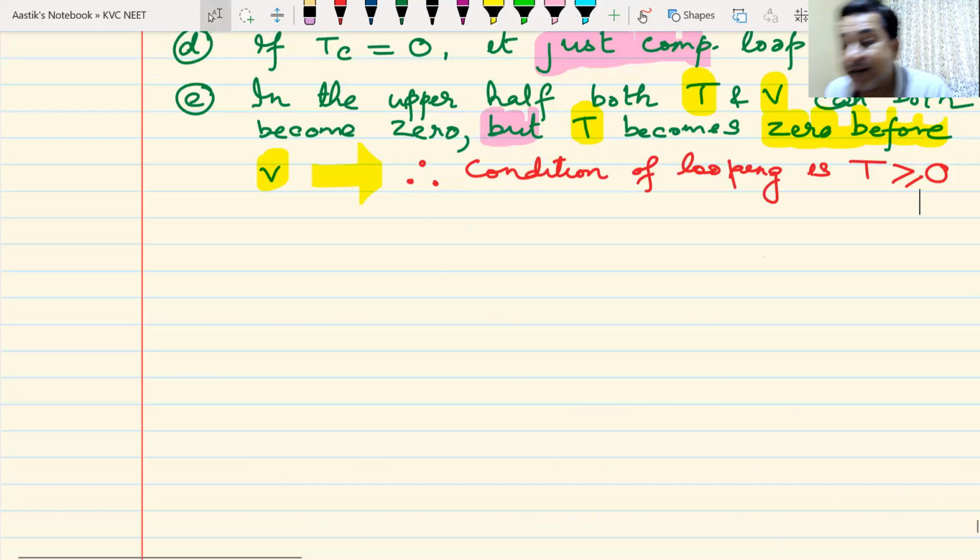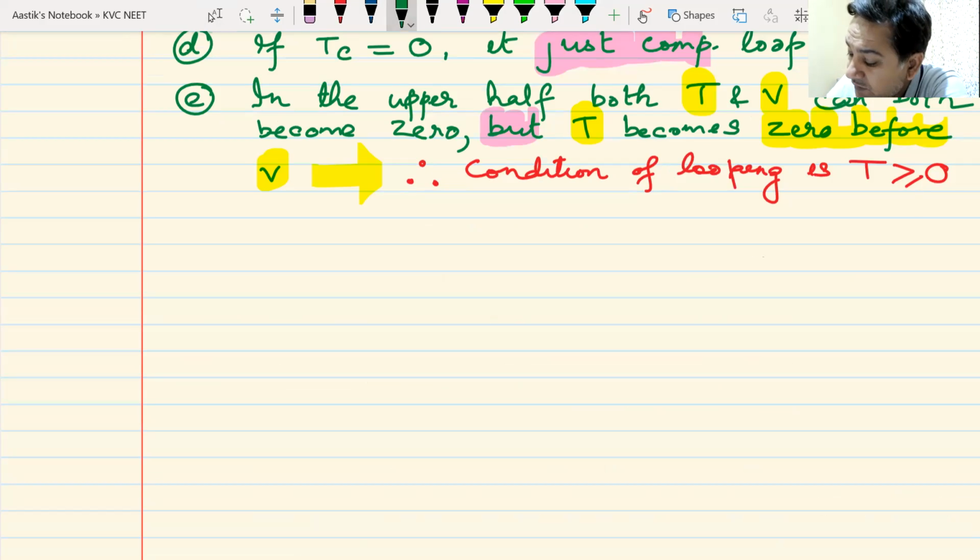So now we will write the condition when this happens. What is the speed at the lowest point? Again, we will not go into deriving this. The part of deriving this is not a part of NEET, so I will not do it. We'll just write a condition of what should be the speed at the lowest point.